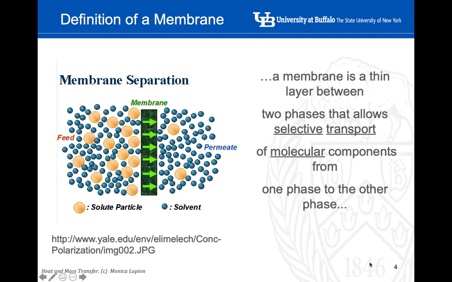In the example that you see in the slide, the feed is made of solid particles plus solvent. And if we move to the other side, we see that mainly the solvent molecules were able to cross the membrane. So the concentration of solvent on the permeate, on the right side of the membrane, is higher than on the left side of the membrane. So it's a separation process.